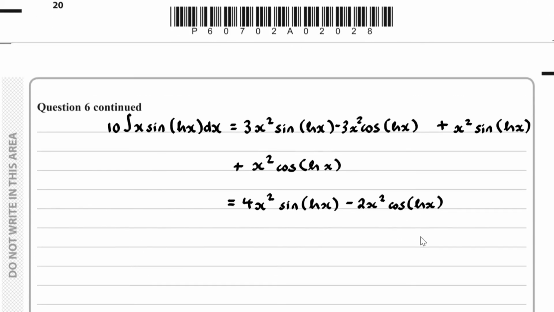And if I factorize out a 2x squared, I have 2x squared times 2 times the sine of natural log x minus the cosine of natural log x.